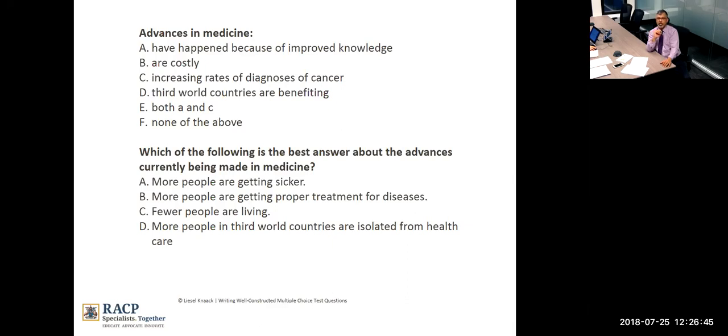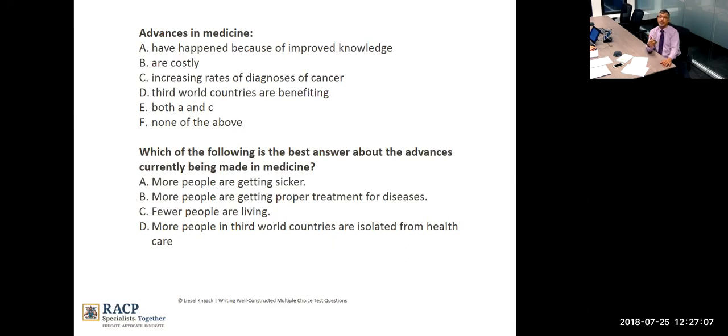Remember also I was talking about complex K questions? Well, see how in E it says both A and C, and this also has a none of the above? Well, those things make it have the appearance of being tricky. So if we're able to clarify what we really want to say in the stem by asking a question like the next one, it will be better.